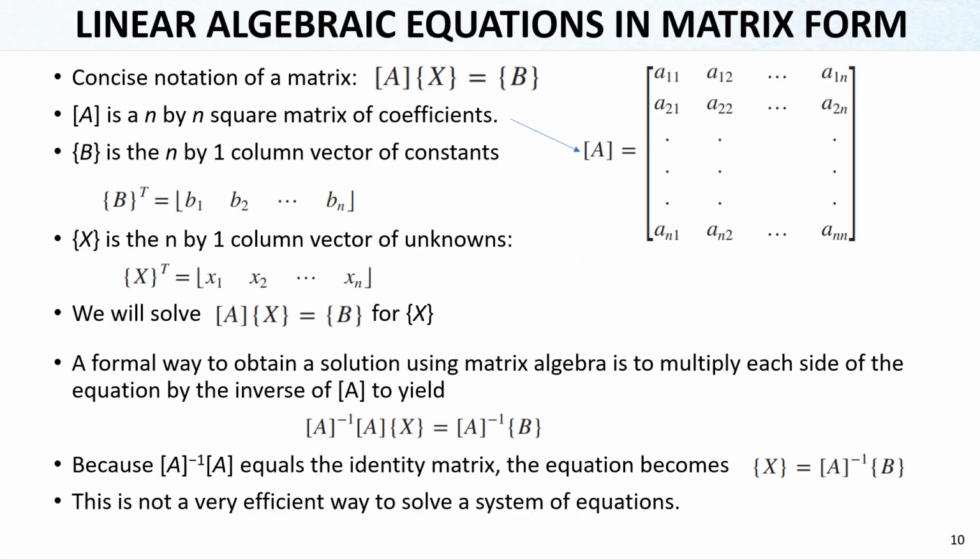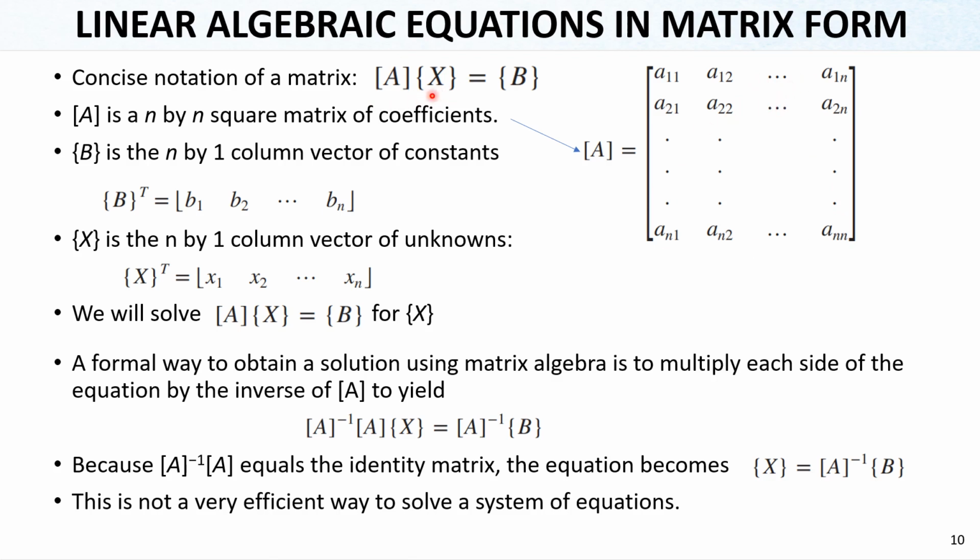After giving some information about the matrices, now we can formulate the linear algebraic equations in matrix form. If you remember, we had the systems of equations, and it has A coefficients, X unknowns, and B constants, let's say, resulting constants. And we can define this as an A matrix. You can see here only the coefficients.